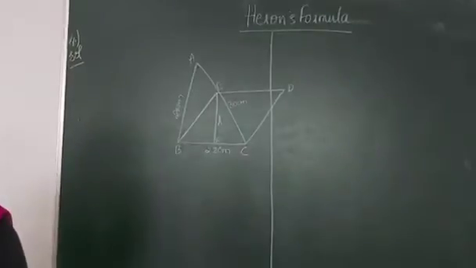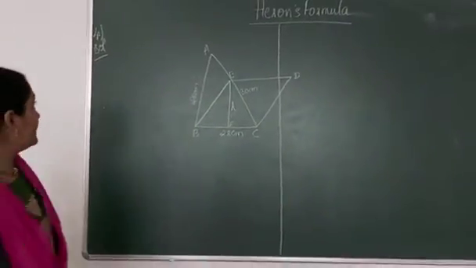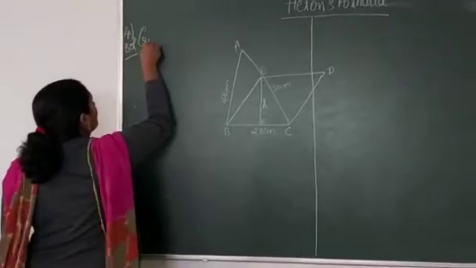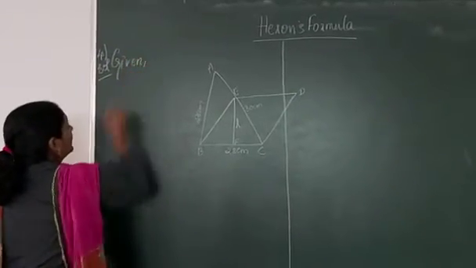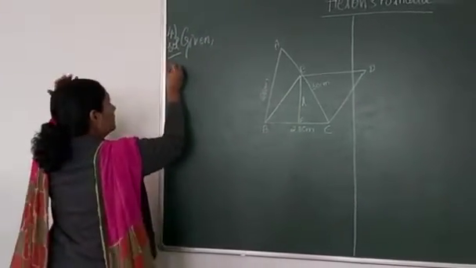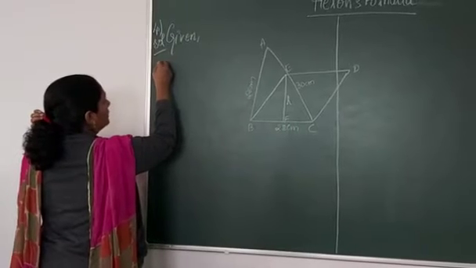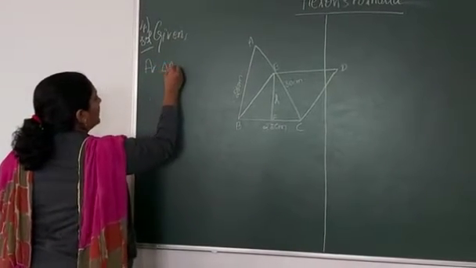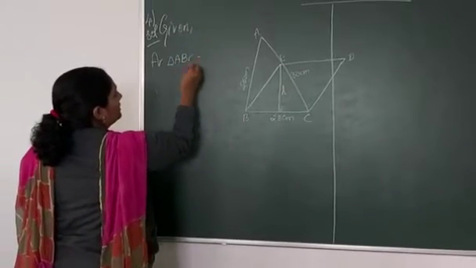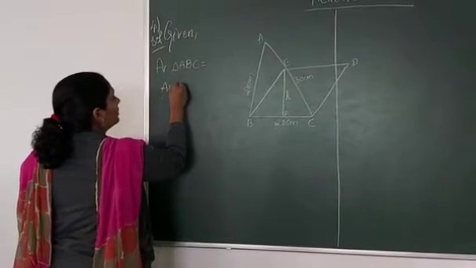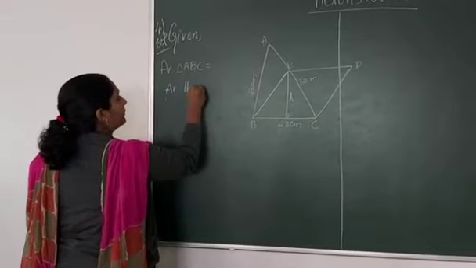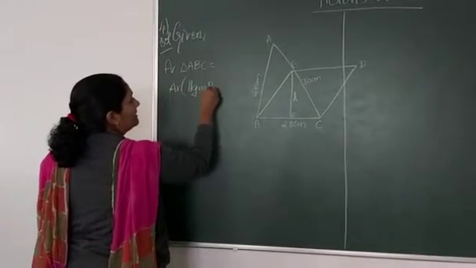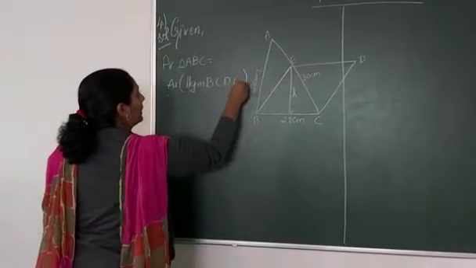Right? So now let's write the given data. Given that area of triangle ABC is equal to area of parallelogram BCDE, right?